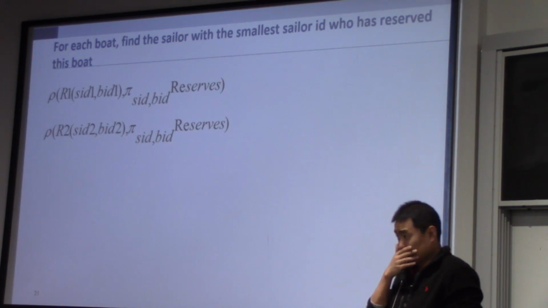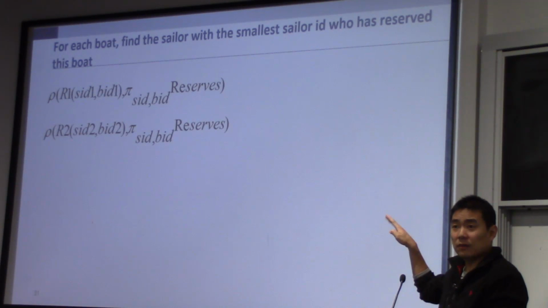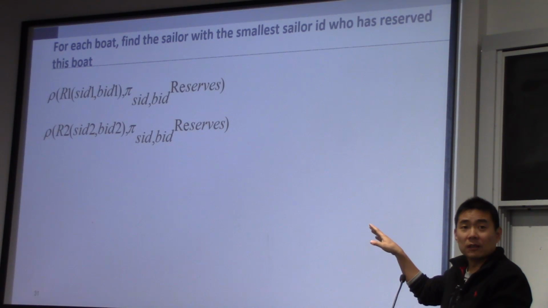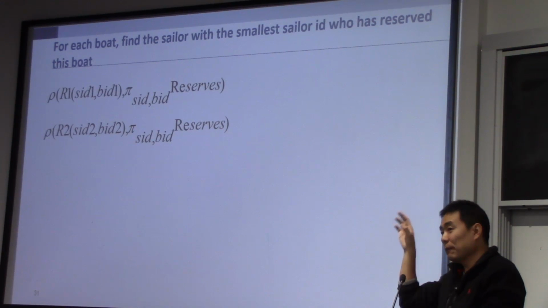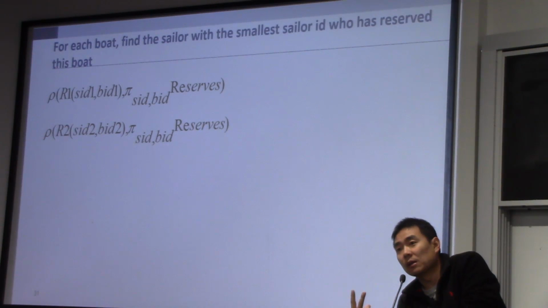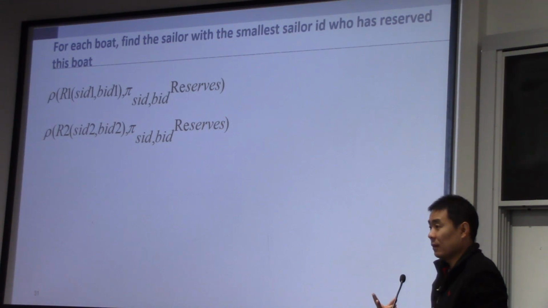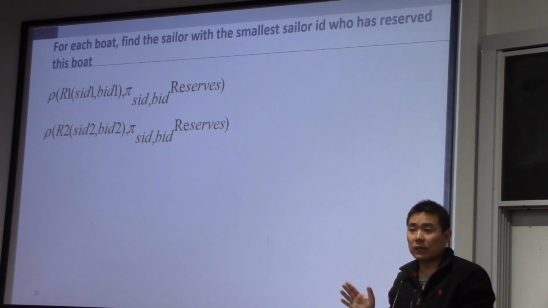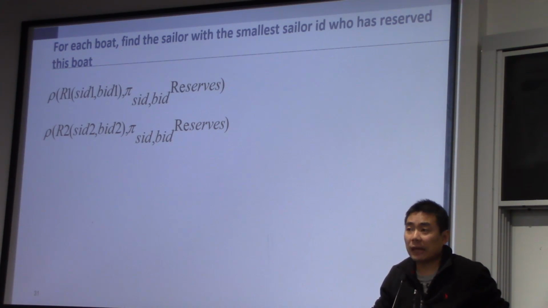Does that make sense? So far, it's easy, right? That's very easy. You are getting nothing but two identical copies of the same instance from the reserve by projecting away the date of the reservation. You don't care about that. So far, so good?